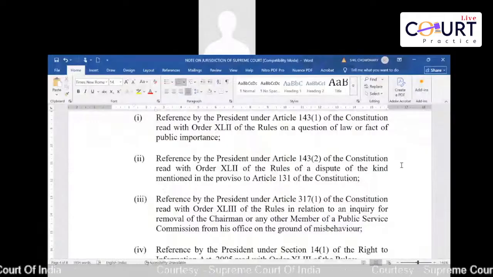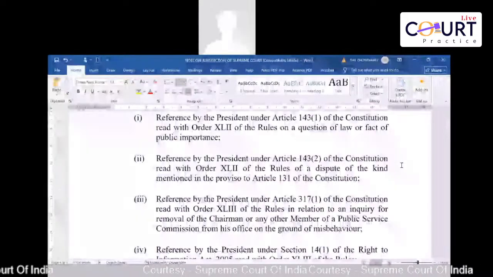Now let me pause here for a moment. We all must have read that recently the President has made a reference to the Supreme Court with regard to the Governor's power and the President's power, on the timeline framed by the Supreme Court in the Tamil Nadu Governor's case.